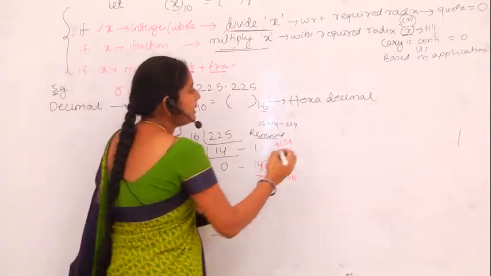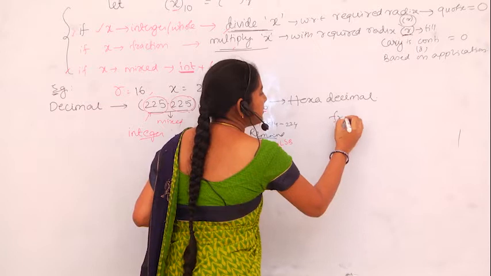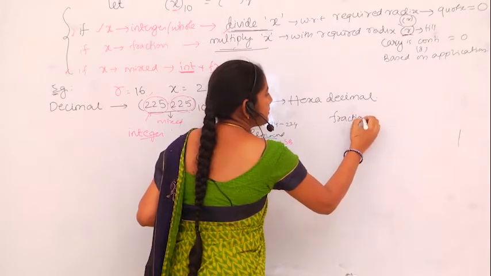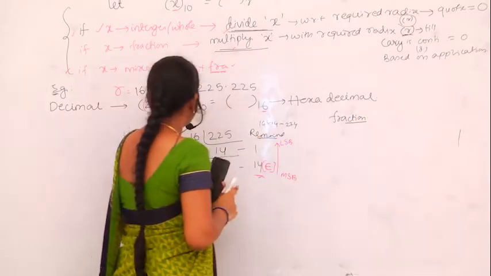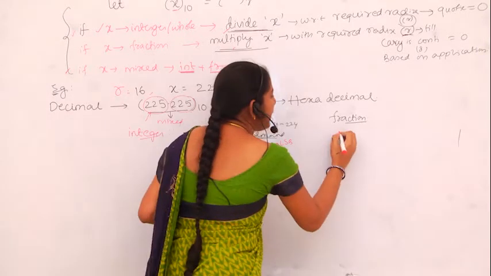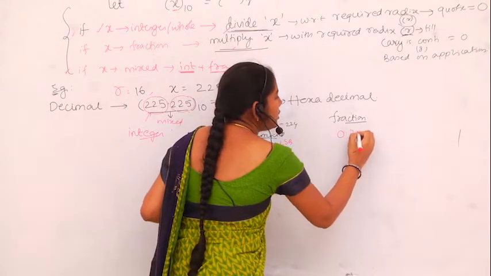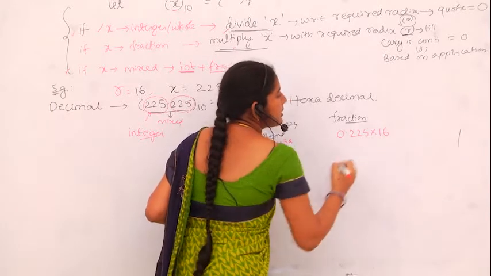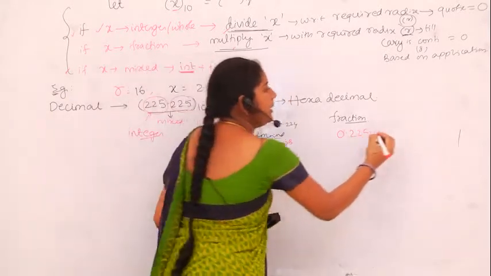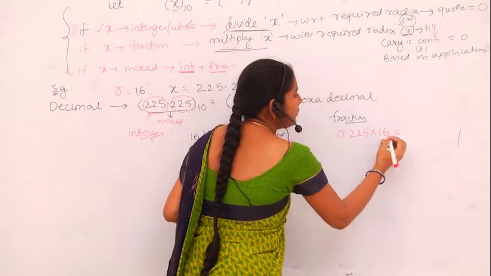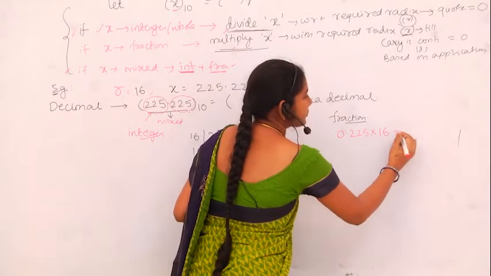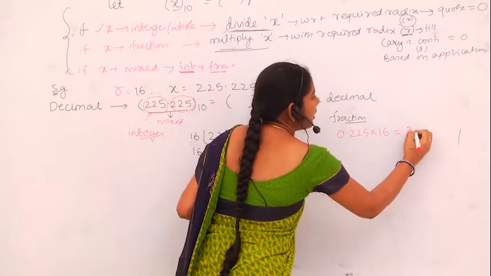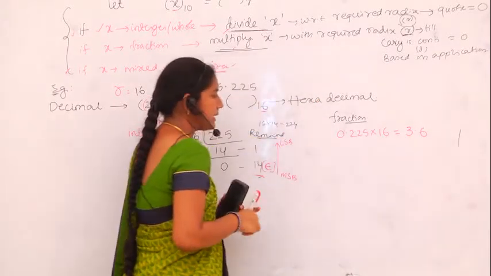Now consider the fraction part. That is, multiply 0.225 with 16. Then we'll have this value as 3.6.